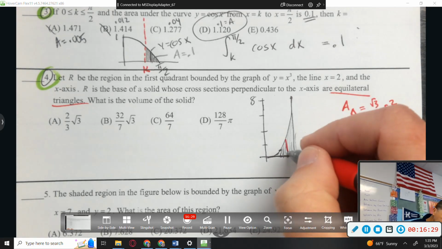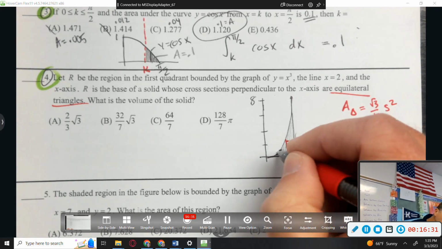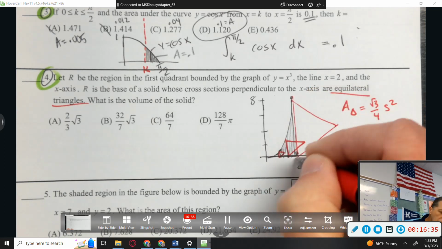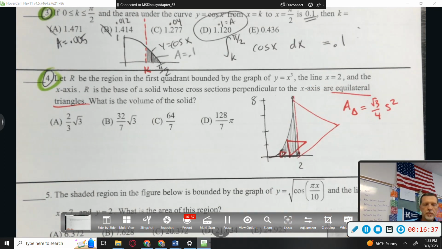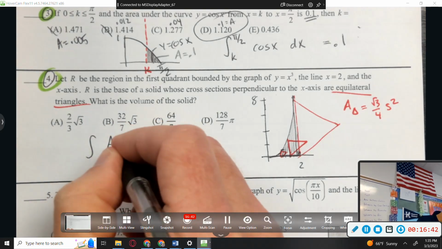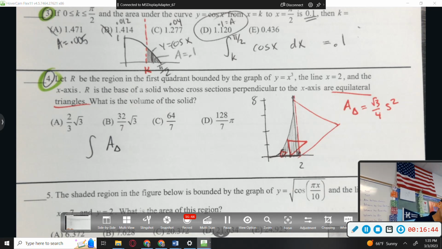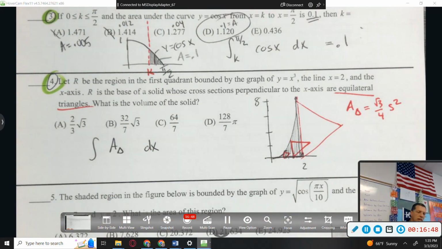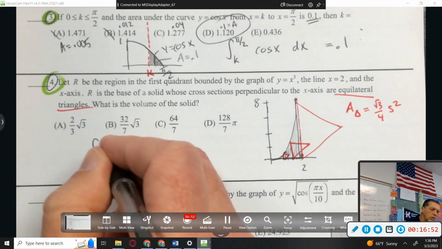So I have equilateral triangles coming up out of the page, making this solid. So I'm going to add up all my triangles. The slices are dx, which means I need x limits, so 0 to 2.